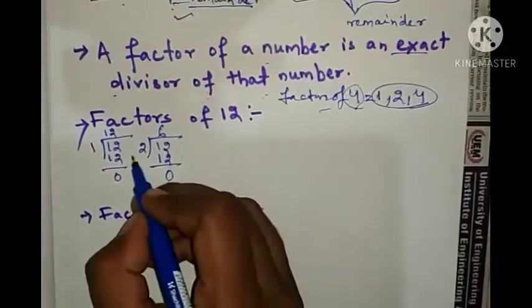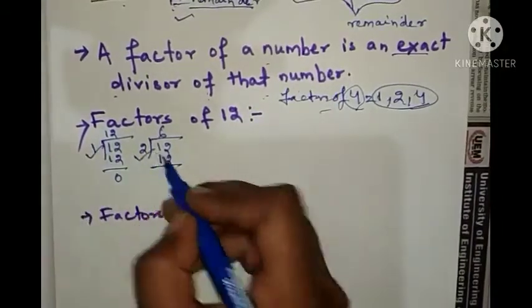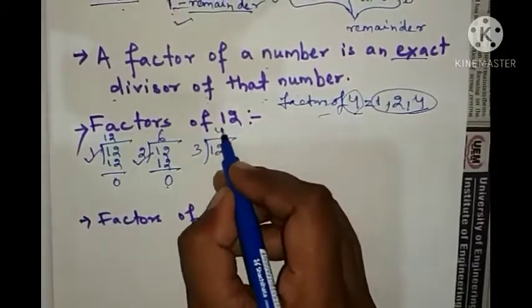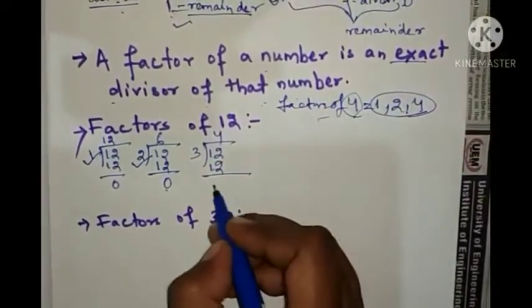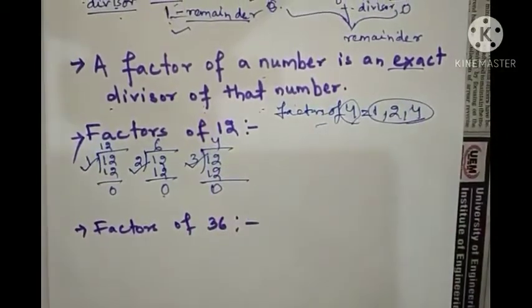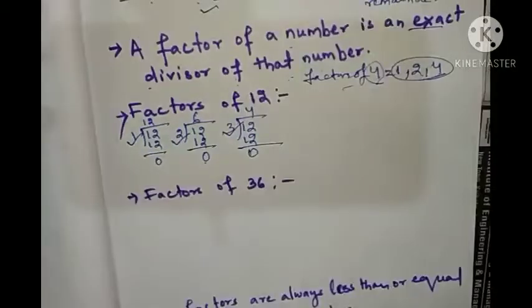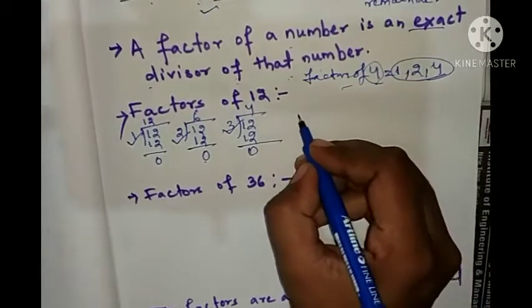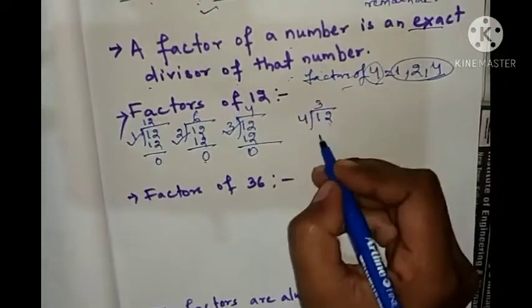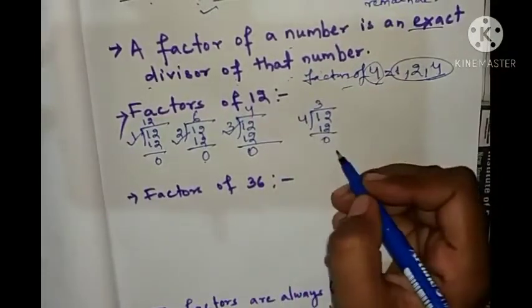We are getting 0. So 1 is an exact divisor, 2 is an exact divisor. Next we will do 3. 3 fours are 12, getting 0. So 3 is an exact divisor. Next we divide 12 by 4. 4 threes are 12. Getting 0.